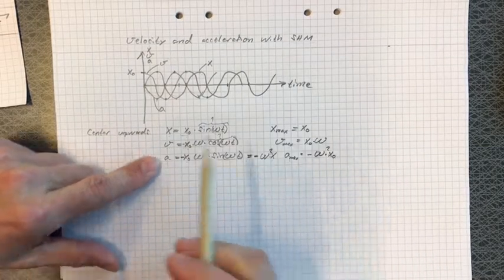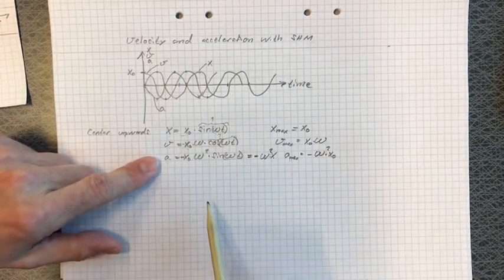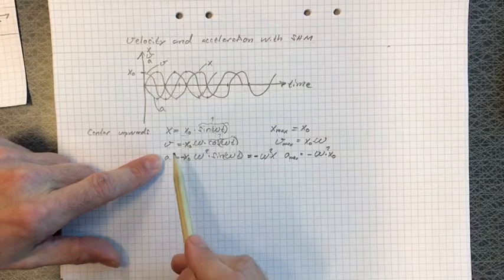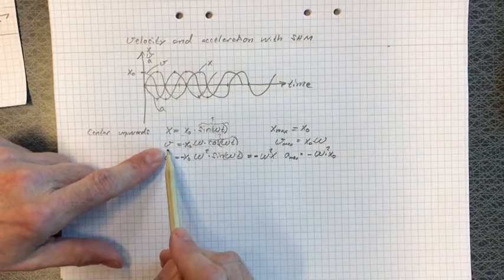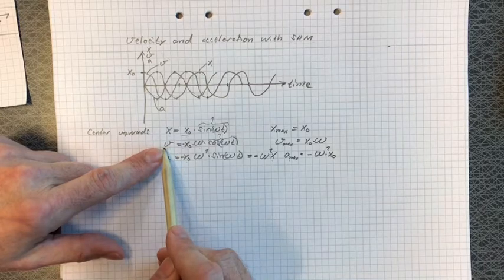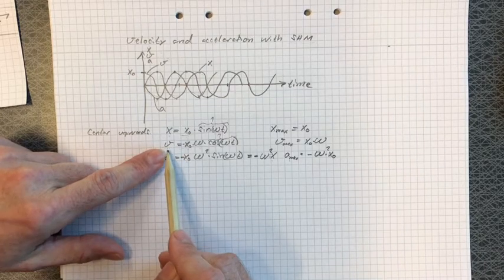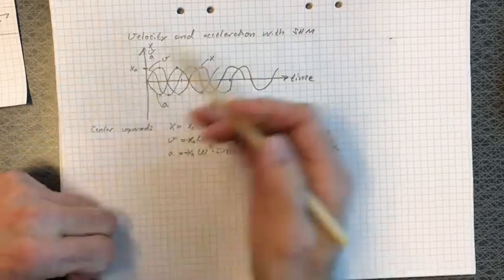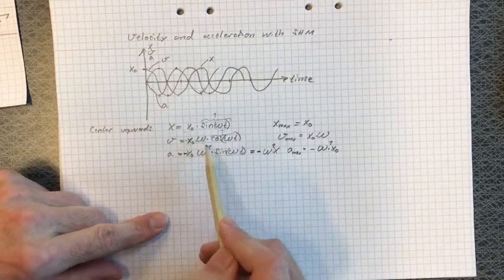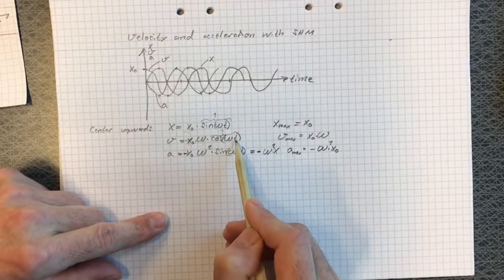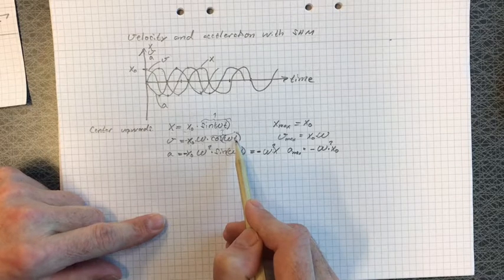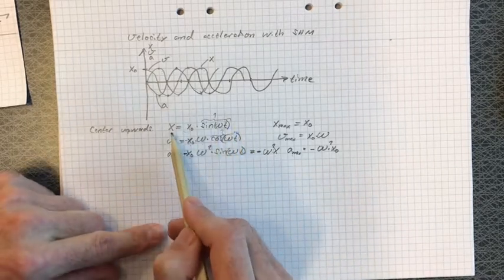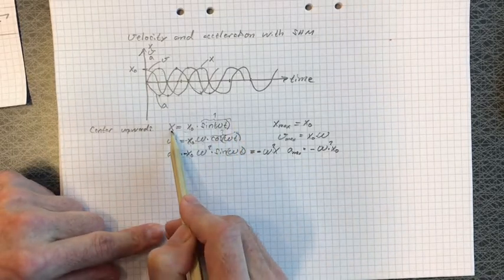Now, if I would like to calculate a value, not just the maximum value, but any value for the velocity, then I need these two constants, but I also need a time. But sometimes, and in this case, you will not get a time. You will only get the displacement.